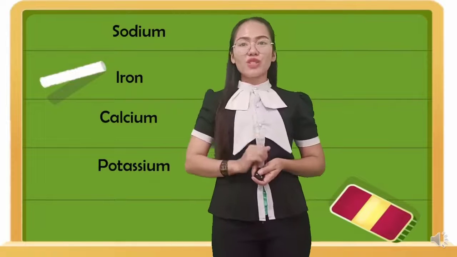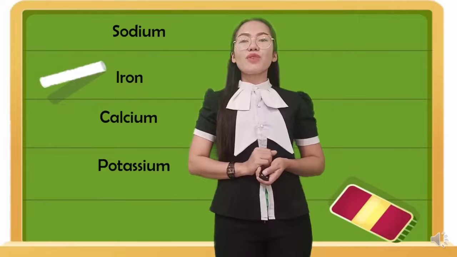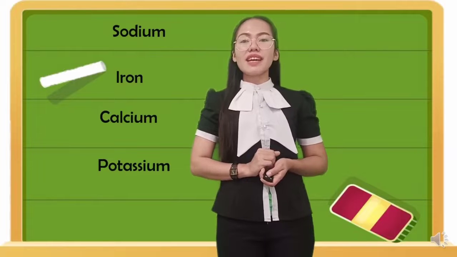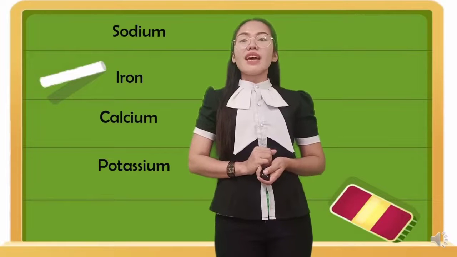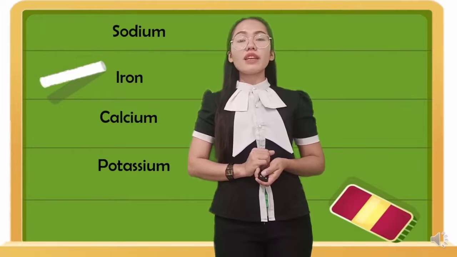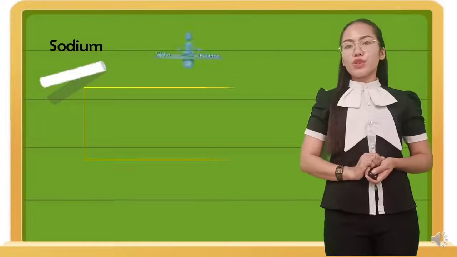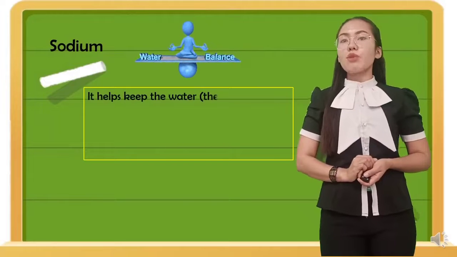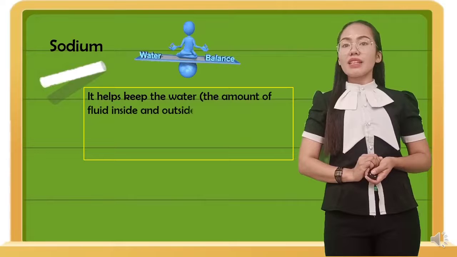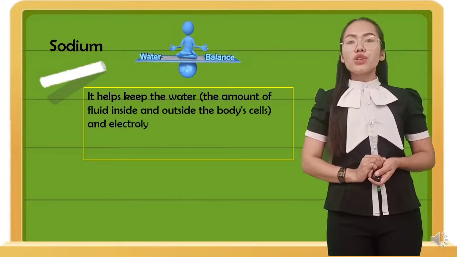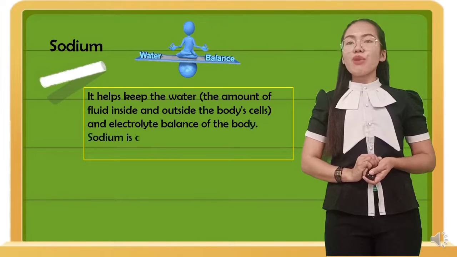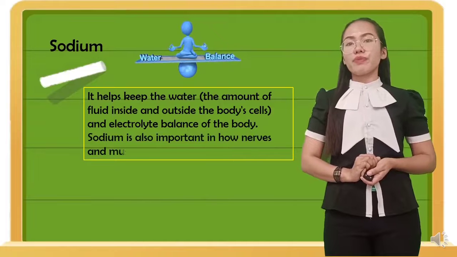Okay, that's right, Julius. Let us go over each element and let us discuss their functions in our body and its adverse effects if taken in large amount. First, we have sodium. It helps keep the water and electrolyte balance of the body. Sodium is also important in how the nerves and muscles work.